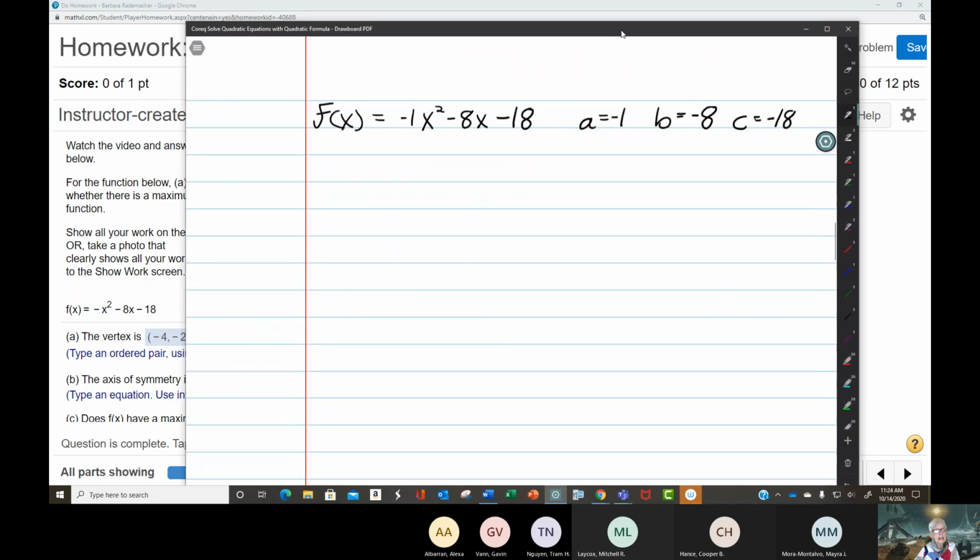This is a quadratic, so I can legally use the quadratic formula. It can be used with any quadratic function that is set equal to 0. So since we need to find the zeros, let's do that. 0 equals -1 x squared minus 8x minus 18. Now here it is, and there's a little song.